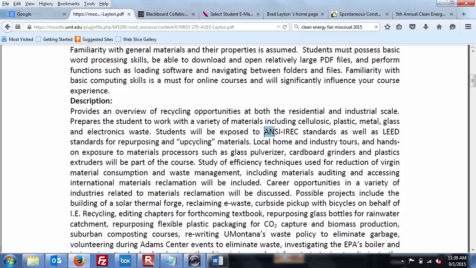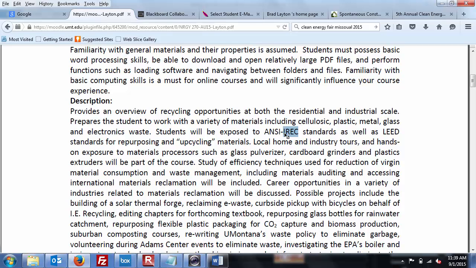ANSI is the American National Standards Institute. We should dig into that a little bit more. It's very stringent. I don't know that much about it, but this class would be a good opportunity to do it. There's also the Interstate Renewable Energy Council.